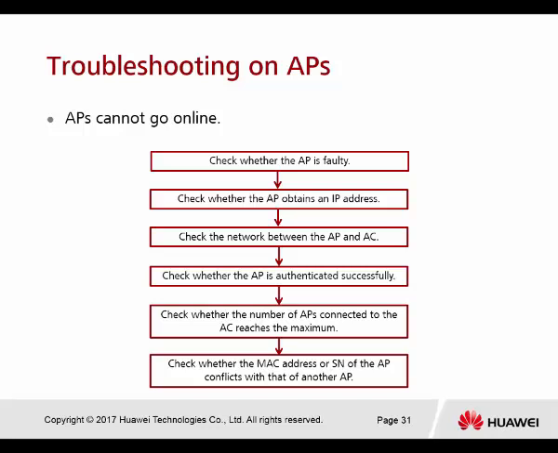Try to look at your license. How many APs can it support? Check whether the MAC address or the serial number of the AP conflicts with another AP. This case will be very rare, but it might happen.